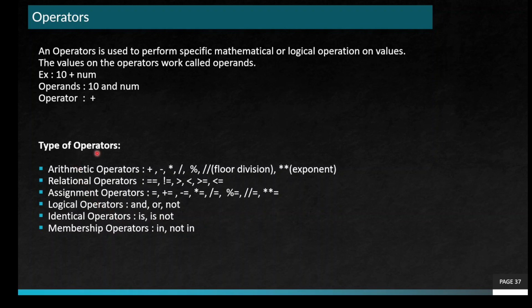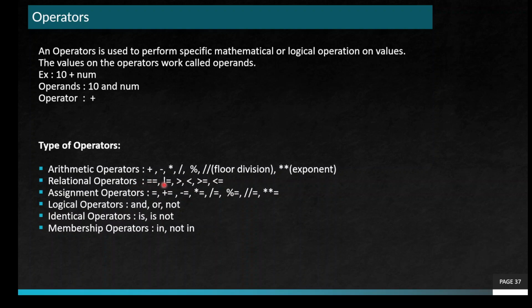In the types of operators, we have six types: arithmetic, relational, assignment, logical, identity, and membership. In arithmetic, we have plus, minus, division, multiplication, modulus, floor division, and exponent. In relational operators, we have double equal. Relation means is it equal? These relational operators return true or false. If two values are equal, it will return true.